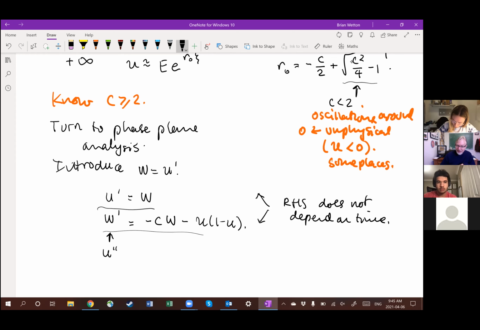And so because the direction that they move in doesn't depend on time, we can plot that in a UW coordinate system with little arrows, right? And then we can get insight into how the solutions behave. We'll call them trajectories in this particular type of analysis in the phase plane. The solutions are called trajectories. We can get insight into how they behave by looking at how the arrows go.